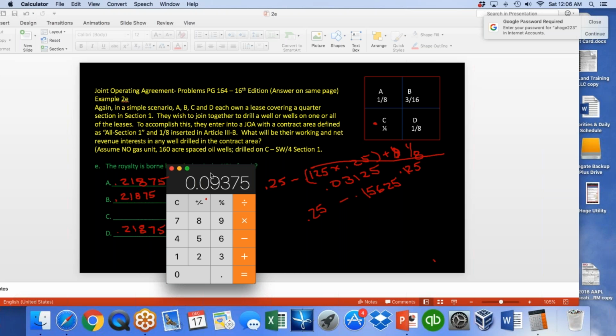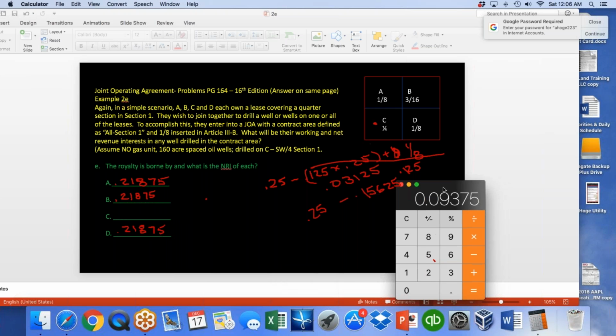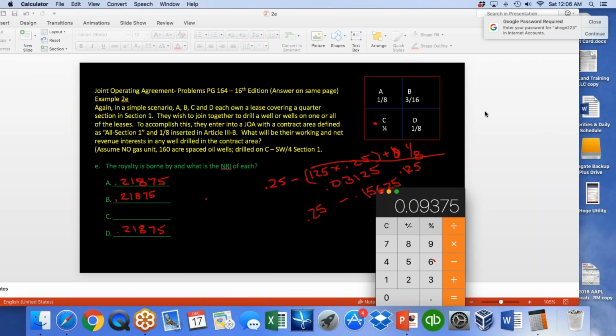So his interest is going to be 0.09375. What I want you to notice here is the difference between the different interests. See how theirs is 0.21? So this is way less than everybody else.